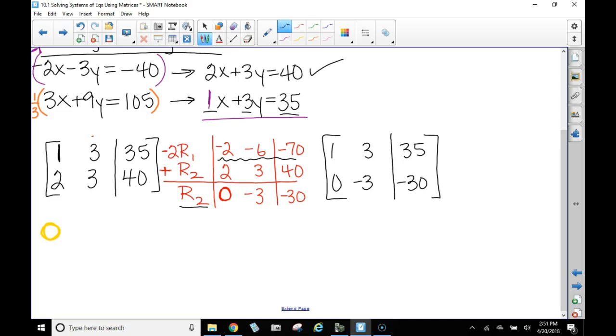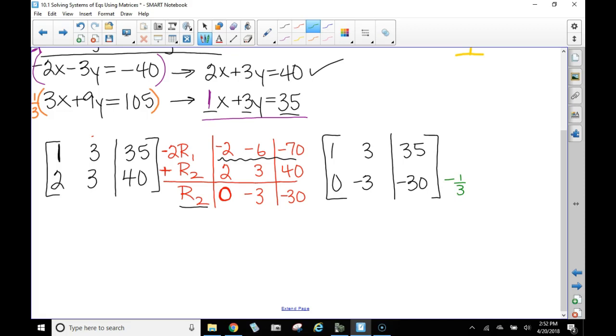All right, what do we want now? What we want now is a 1 right here on my main diagonal. That's what we want to happen. And so we can easily accomplish that if we divide everything through by -3. Technically, instead of dividing by -3, you're supposed to multiply by -1/3.